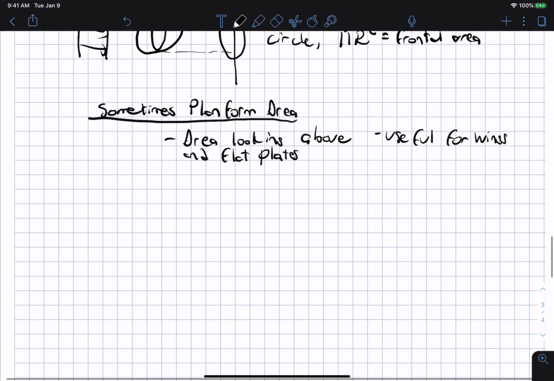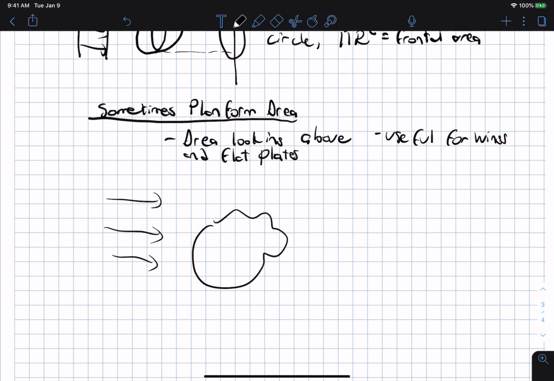Okay, so say we have some goofy object here, and the flow is going in this direction. If we draw our projection normal to the velocity vector, this would be the planform area.